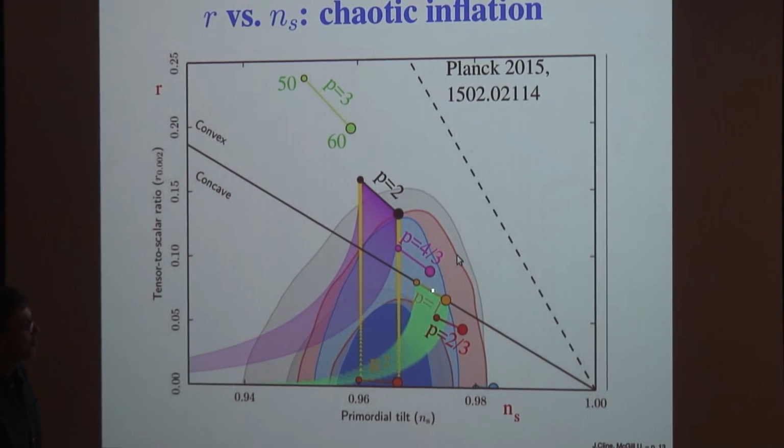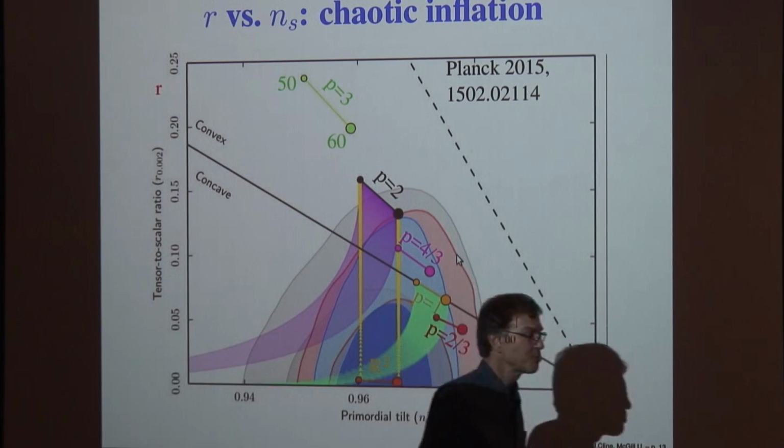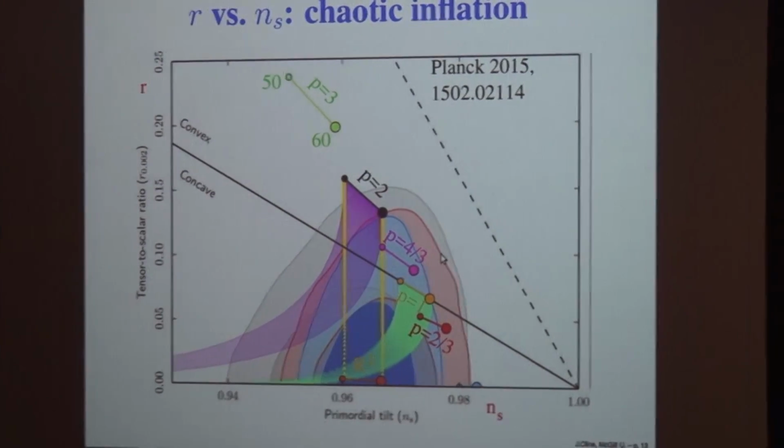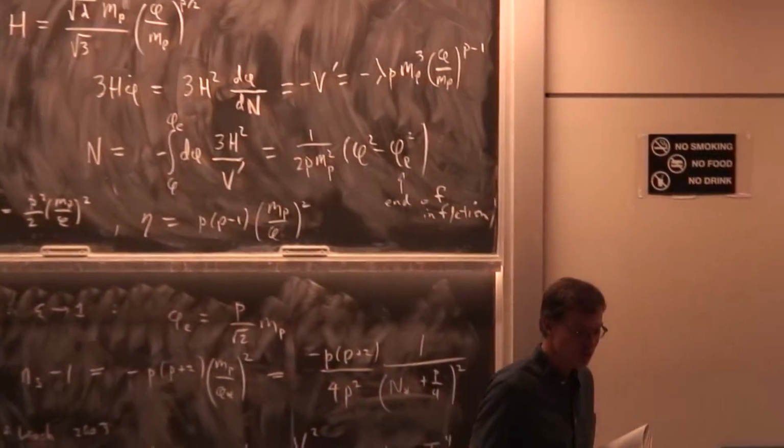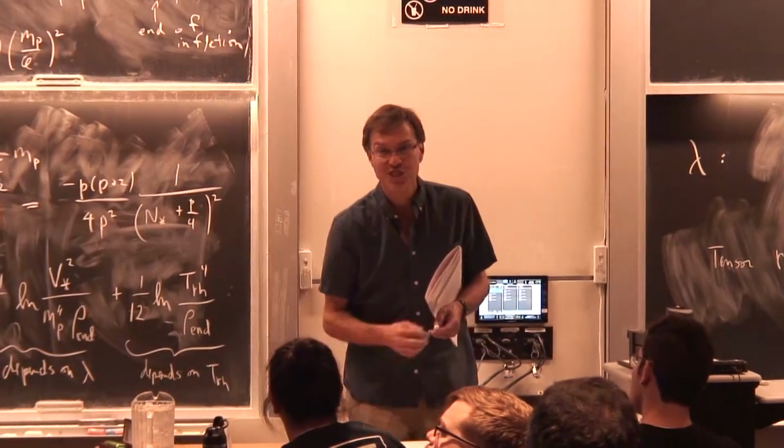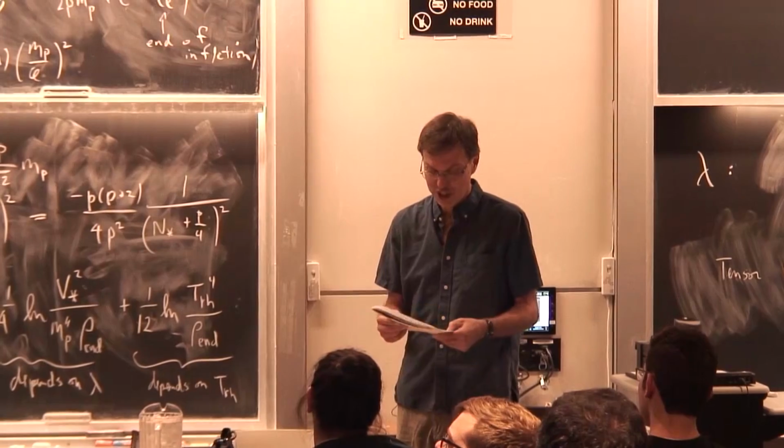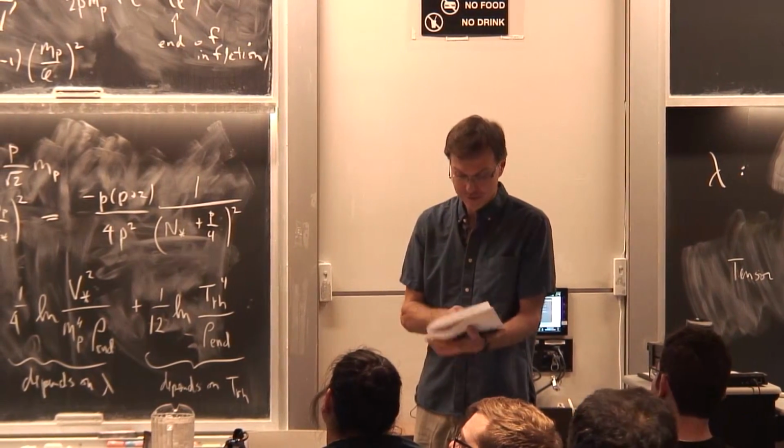And as you lower p, then it starts to become more consistent with the data. p equals 2/3 might sound weird, but there's a string theory inspired model called axion monodromy inflation, which can justify fractional powers in general.